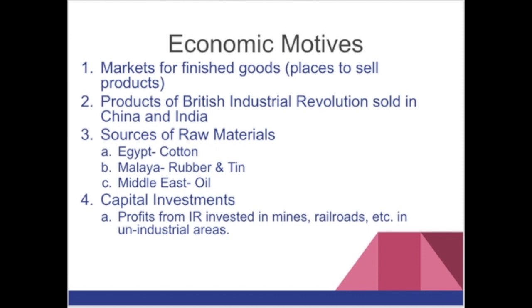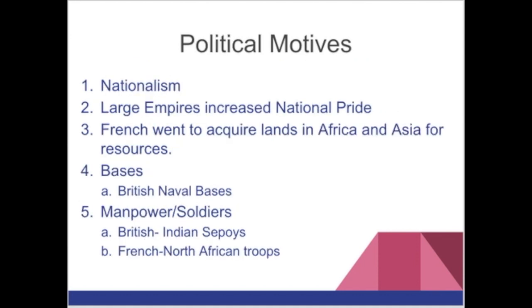So they're looking for creating mines and railroads in unindustrialized areas so that they can bring more products to people and take more raw materials from people to their factories. So all of these reasons are going to combine to make looking in Africa and Asia for colonies important.